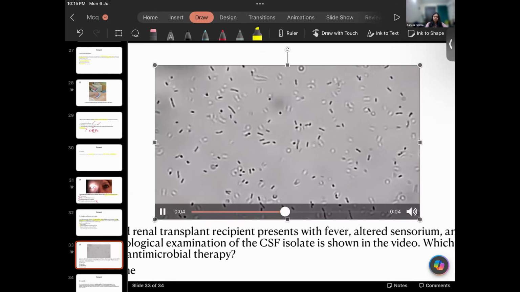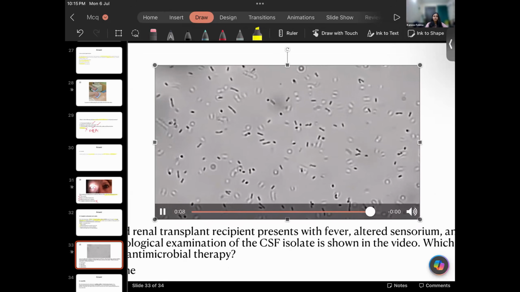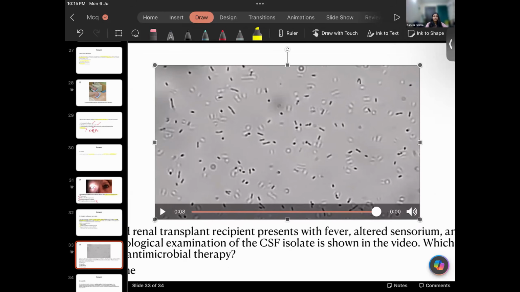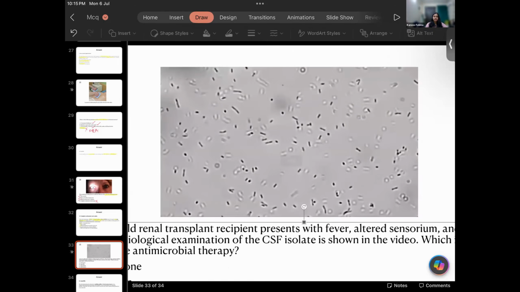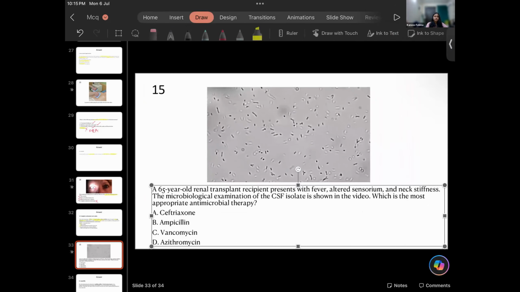This video characteristically shows us the tumbling motility of a very famous bacterium, Listeria monocytogenes. It shows a tumbling motility, and it is also the most common organism which affects the extremes of ages, that is less than 1 year and more than 60 years.